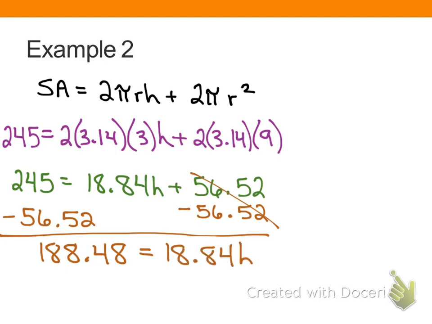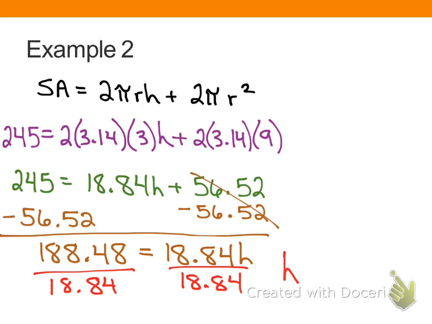Now how do I solve for H? Not square root, nothing squared here. I divide, I do the opposite operation. If I'm multiplying, I need to divide. Divide both sides by 18.84. And H, let's see, 188.48 divided by 18.84 is a really long decimal.